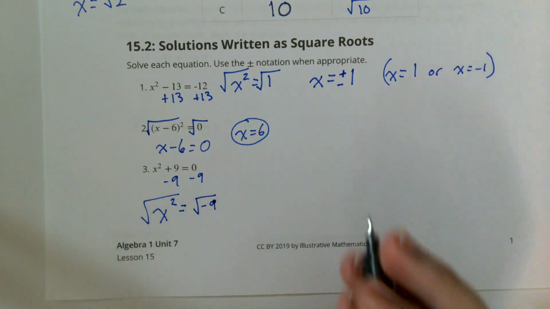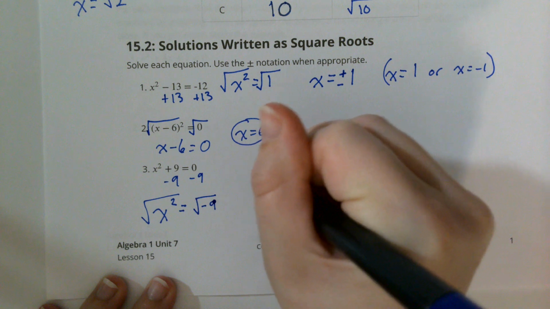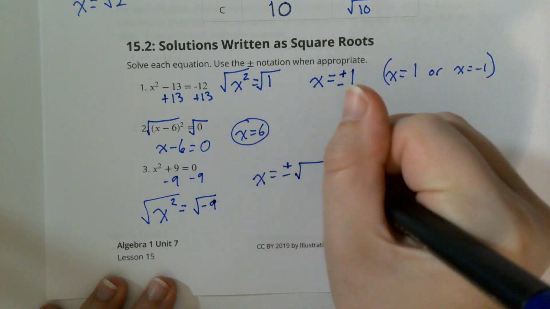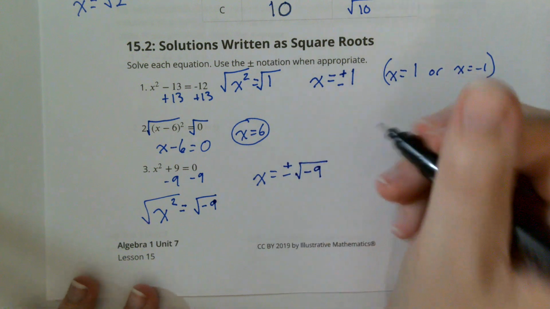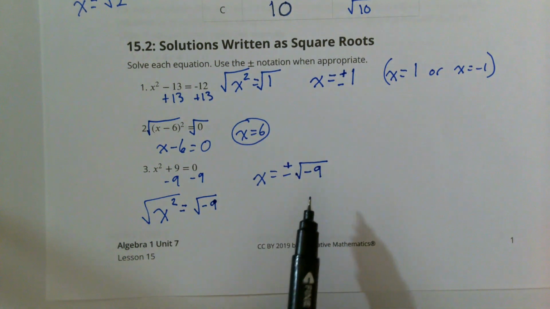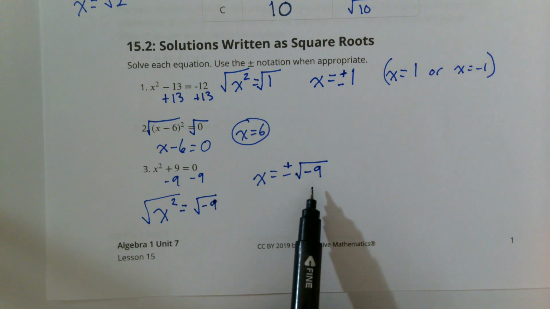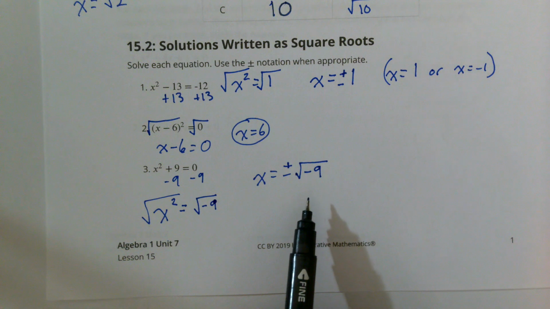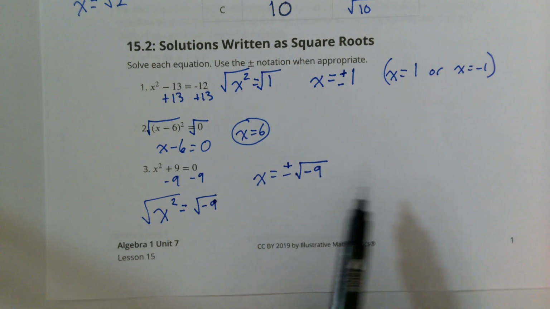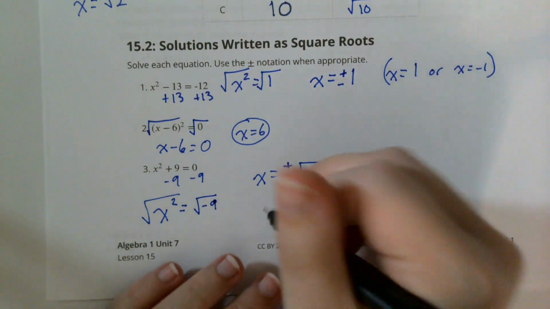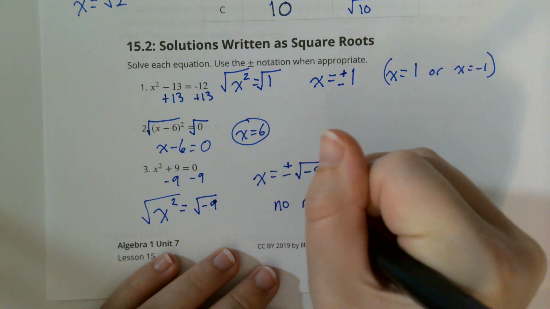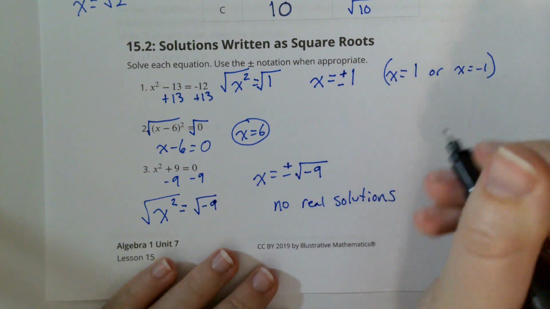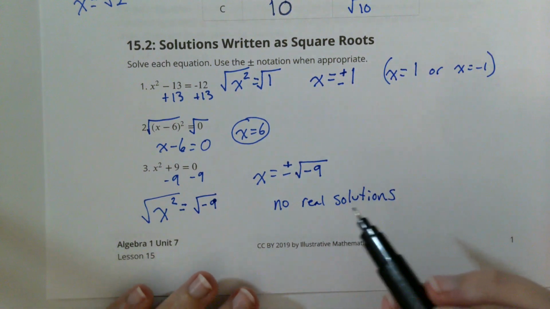So if we square root both sides, x equals, we can say plus or minus the square root of negative 9. Now, I'm going to tell you right now, this is not a real number. In the next unit, we're going to look at imaginary numbers, and that's where we'll look at this kind of solution a little bit more. But this is not a real number. So at this point, we would say no real solutions, because we don't know how to do imaginary numbers yet.